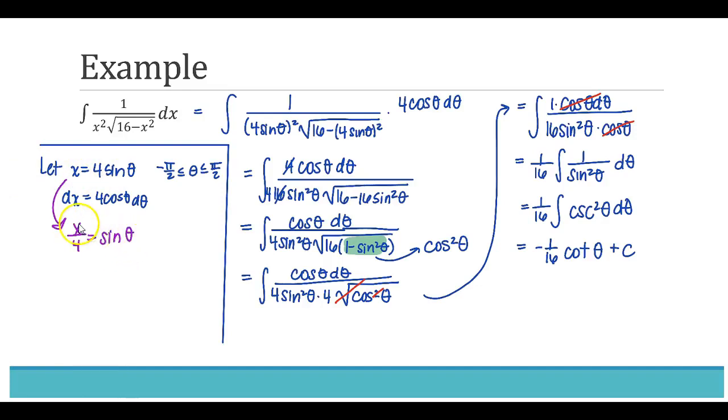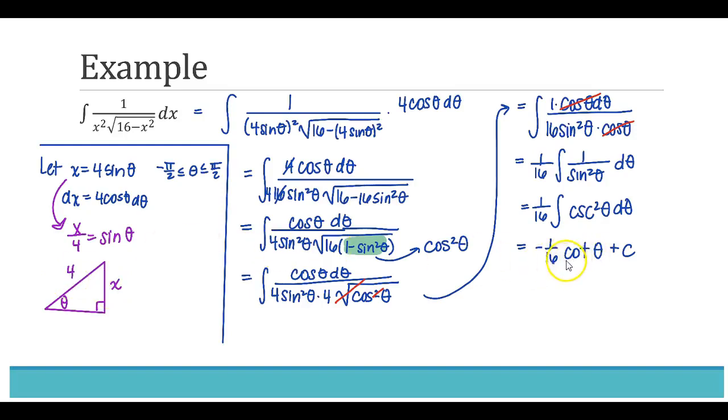Well, we know sine is opposite over hypotenuse. So I'm going to construct a right triangle with an interior angle theta. The opposite side of theta is x, and the hypotenuse is 4.